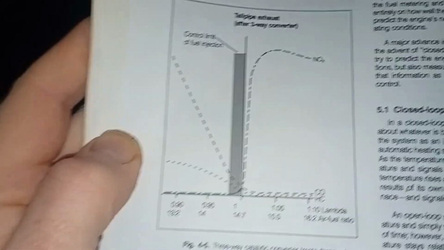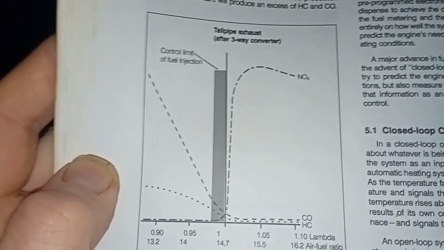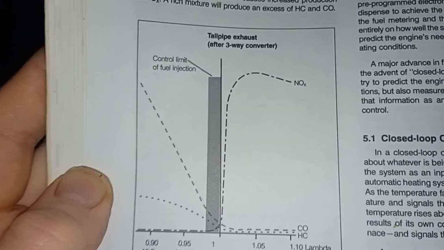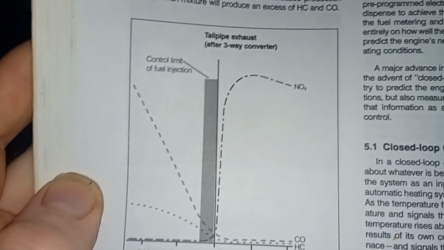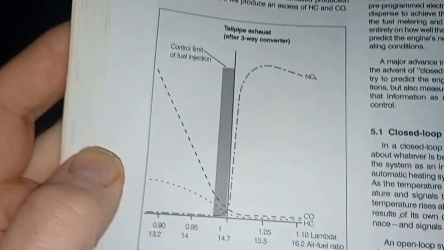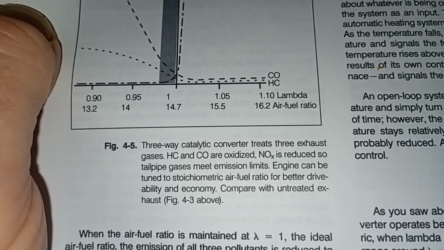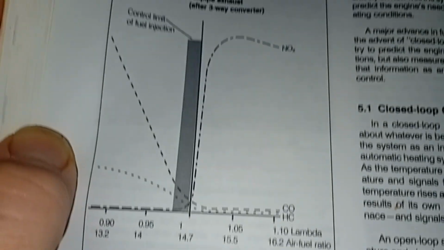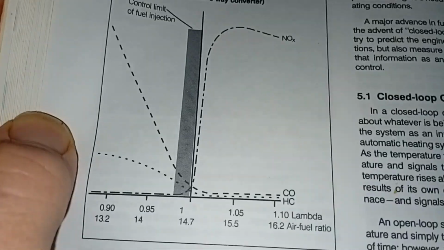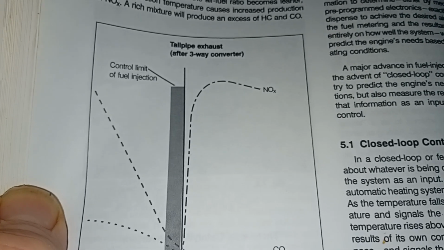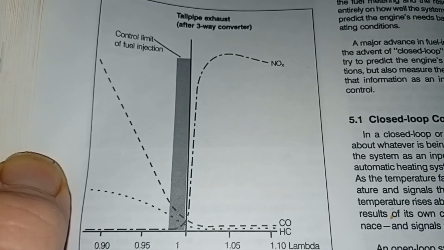Wow, I might come back. I think I'll come back and do this table again, because it's quite hard to see, sorry, I wasn't ready for this. Figure 5.4, oh yeah, look at the nitrogen oxide. So this is the tailpipe exhaust after the three-way converter.